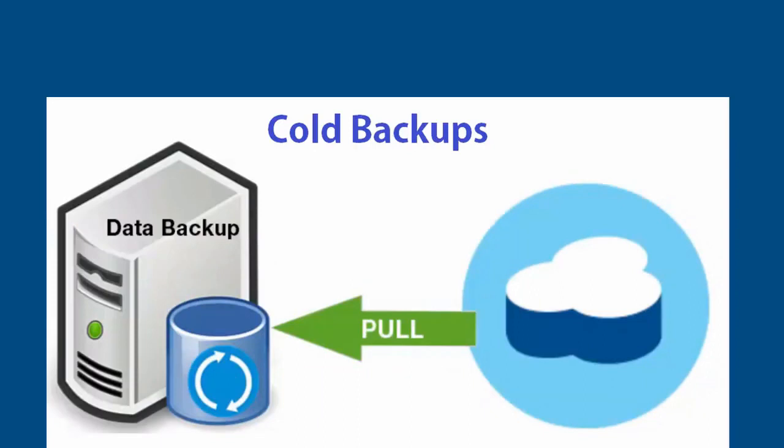Then there is an option for cold backup that we usually make over time, on change of versions as well, and it could be done periodically over weeks, months, or annual periods.